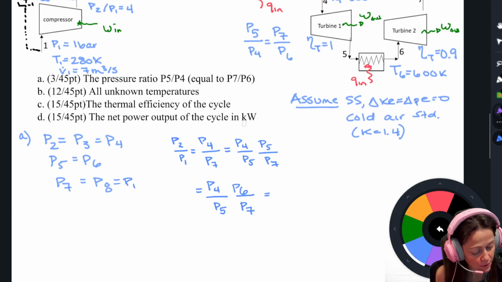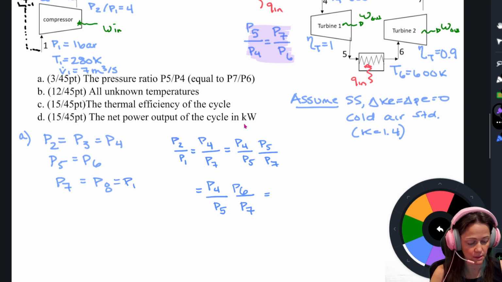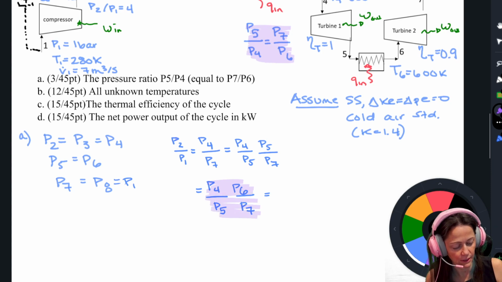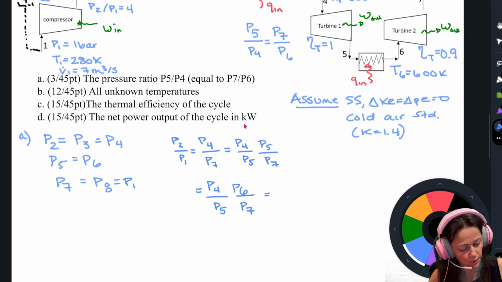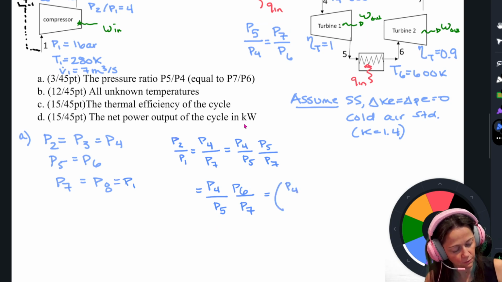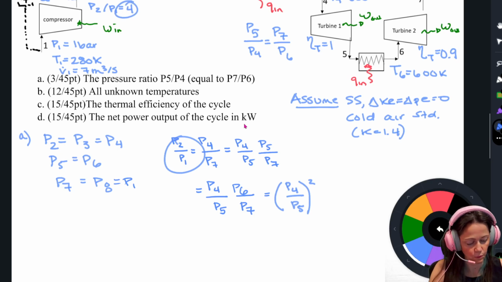And then I also know that this ratio P5 over P4 is equal to P7 over P6. I've got the inverse of that ratio, but it's the same thing, right? These two fractions are equal to one another. And so I could just rewrite this as P4 over P5 squared. And I know this whole thing is equal to 4.